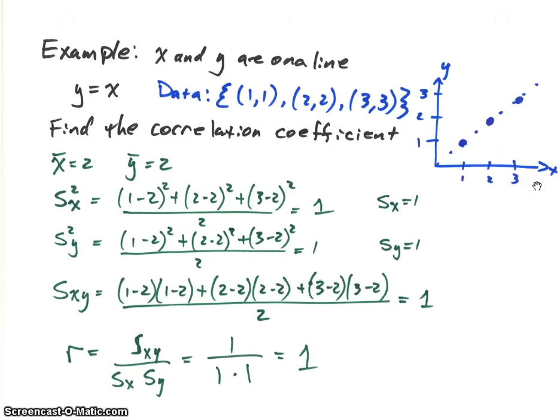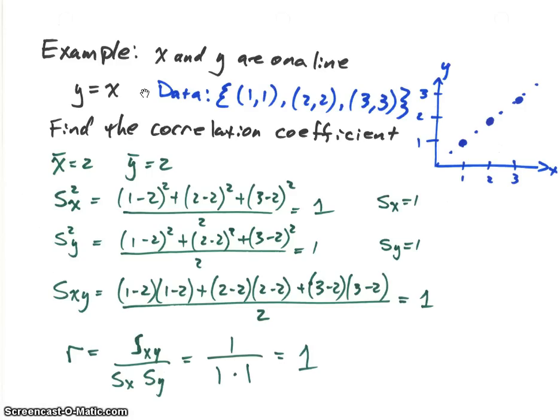So we'll do an example here. This example is for data that is exactly on a line. These two data are linearly related. We have the equation y equals x, so for whatever value we have for x, we'll have the same value for y.